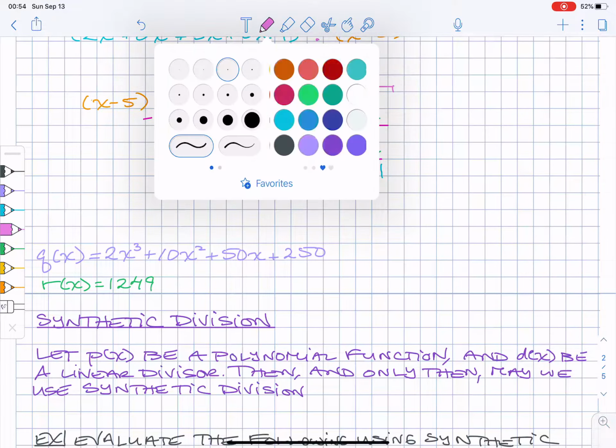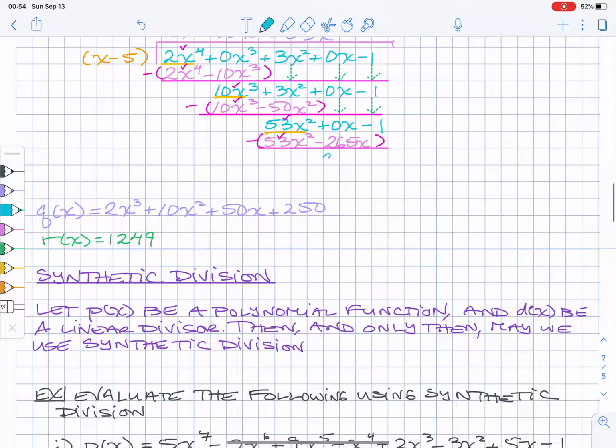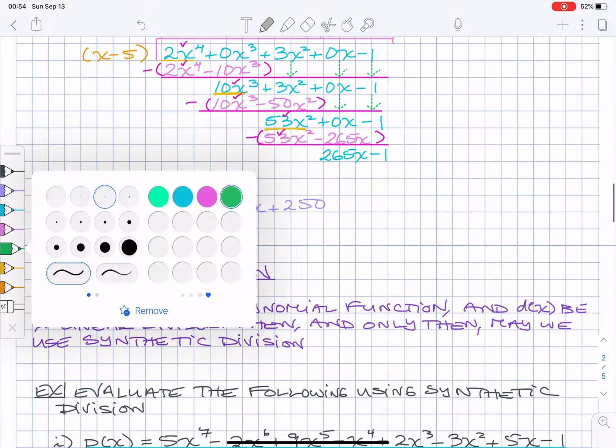And that's what I'm going to subtract from the line above. And that'll give me what I'm looking for. Because now the 53x squared terms cancel, and I am left with 265x minus 1. When I bring that 1 down, let's go ahead and do that.